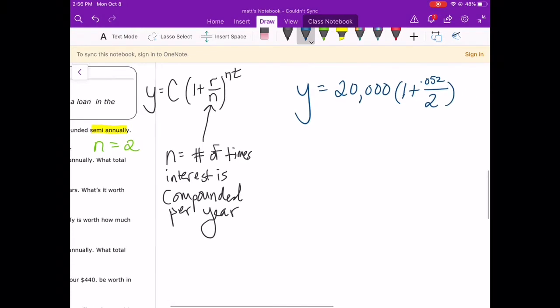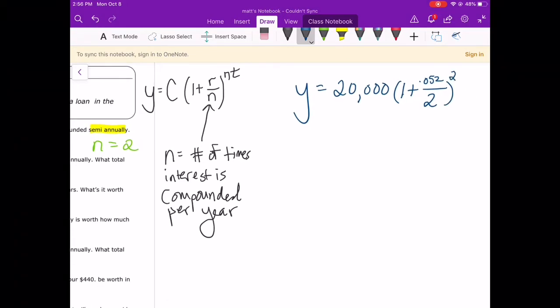And then n times t, there's my same n value, and it said it was a 3-year investment, and there I go. So this is the accounting for compounded interest semi-annually, which is twice a year. So now I could just type that in my calculator and get the answer. That would be my setup.